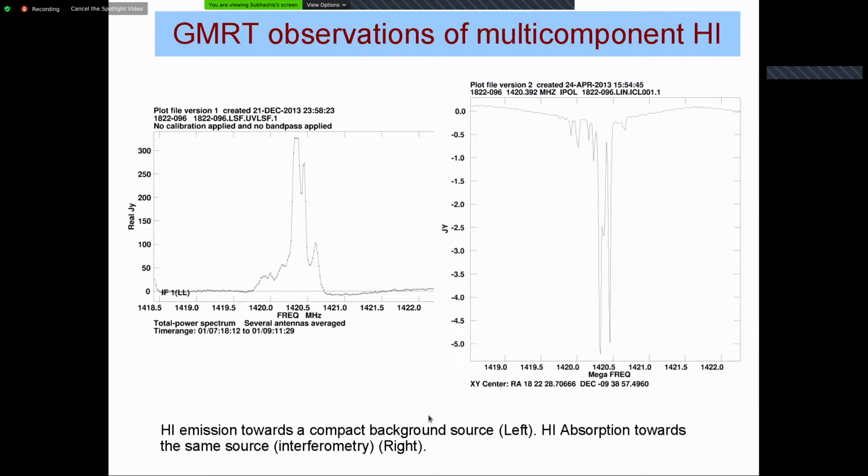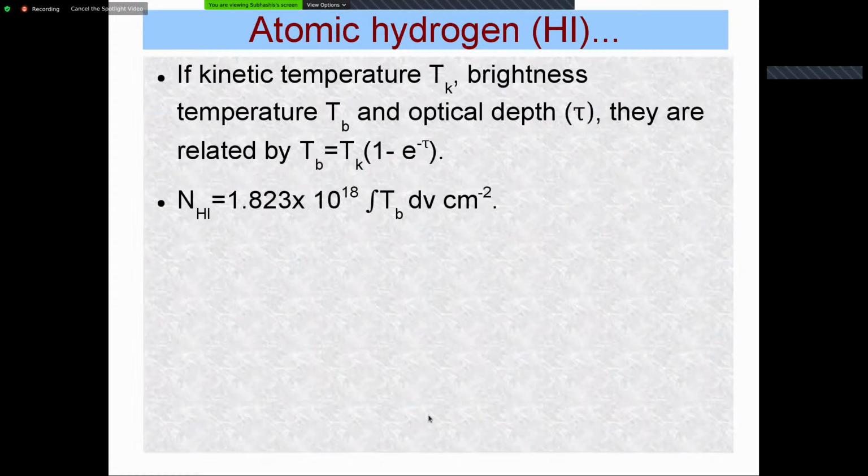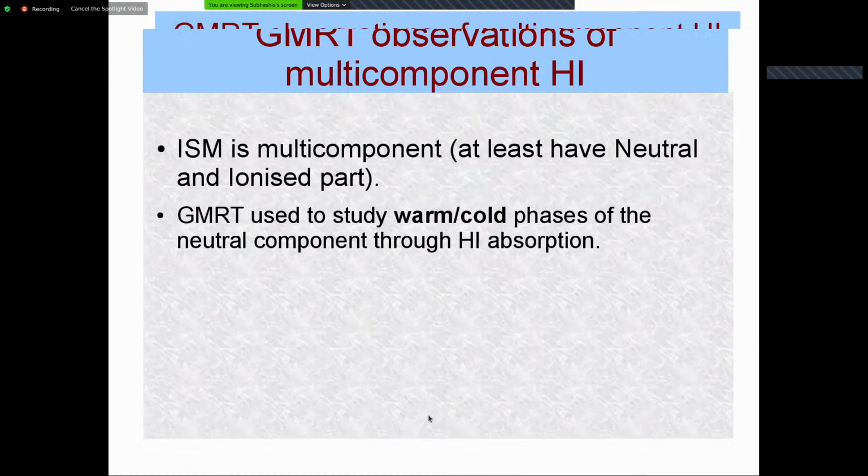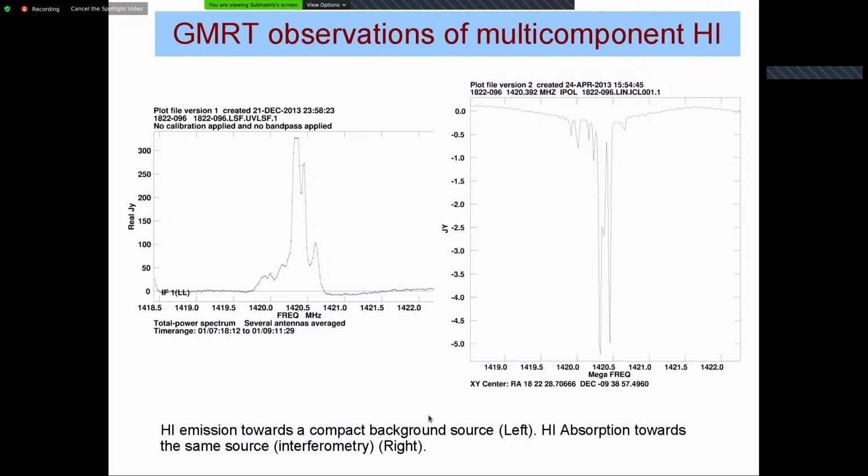And this absorption, as I mentioned, is given by the formula TB equals TK times (1 minus e to the power minus tau), where tau is the optical depth. So coming back to the plot, you are seeing lines whose line widths are much smaller and they are pretty strong and deep.